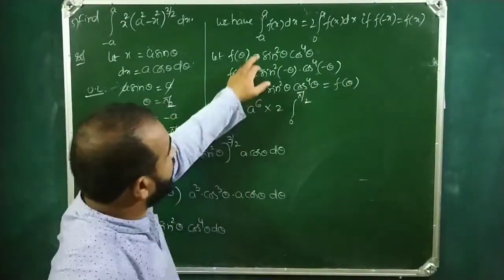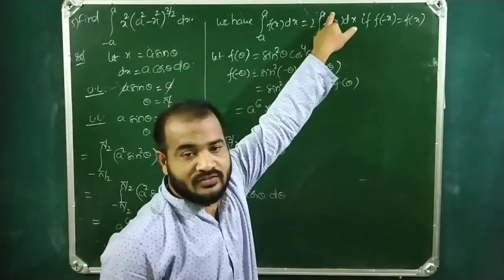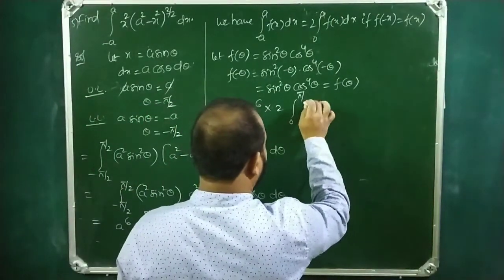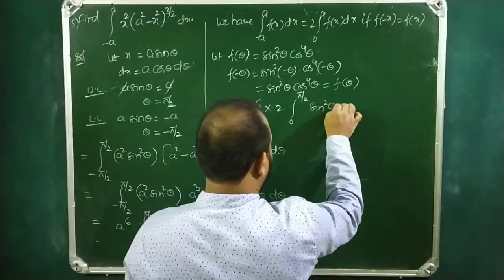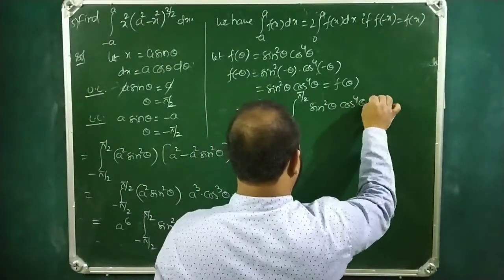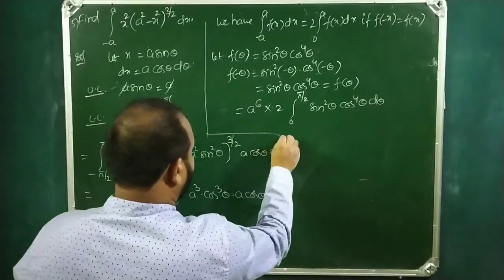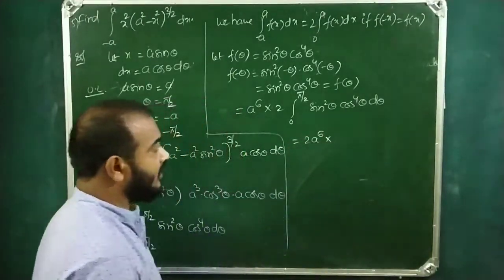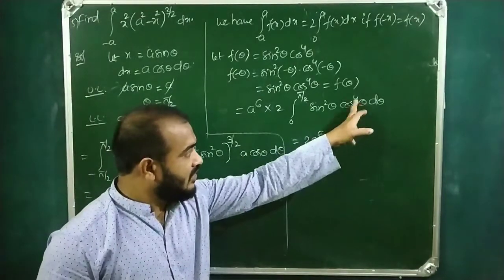According to this property, minus a to a will become 2 integral 0 to a. So 2 integral 0 to pi by 2 sin square theta into cos power 4 theta d theta. So this is equal to 2a power 6 into, here n is even, m is even.